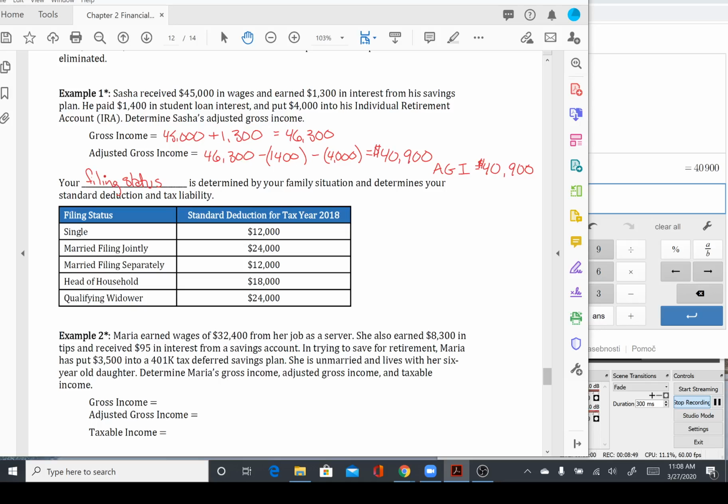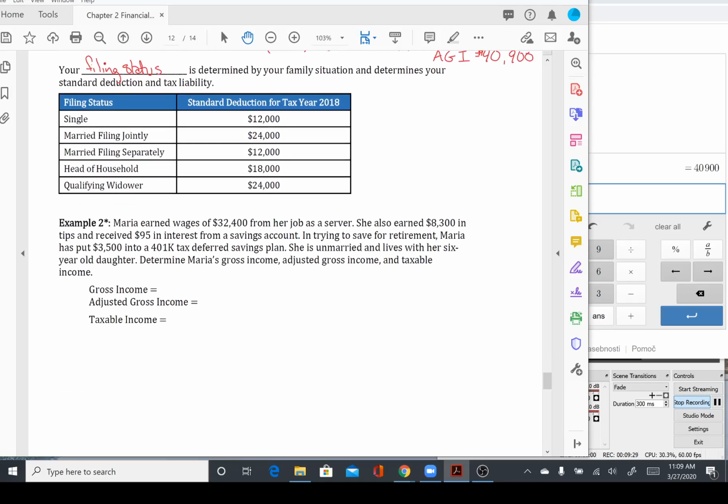If you're married, you can choose either to file jointly or separately. You'll see that married filing separately is the same deduction as the single. You can be head of household, and that's if you're not married and you're caring for a dependent. Or you can be a qualifying widower.